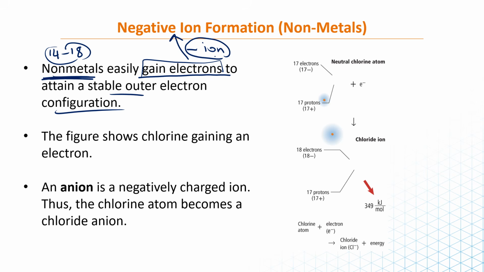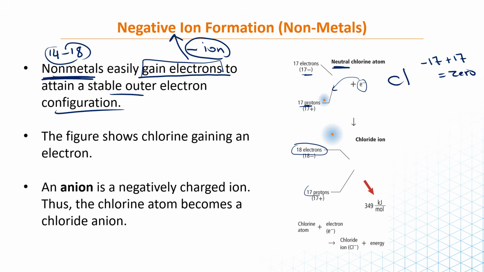Because they gain electrons. Look at chlorine here. Normal chlorine has 17 electrons and 17 protons. So the total charge is minus 17 plus 17 equals 0. Neutral. What if we gave it an electron? How many electrons does it have now? 18.